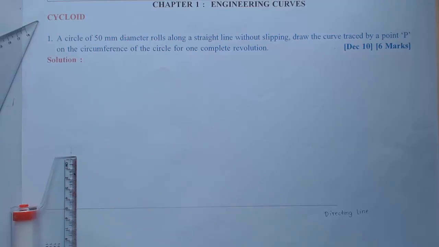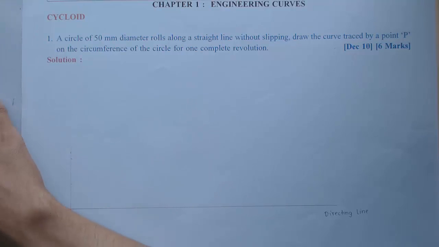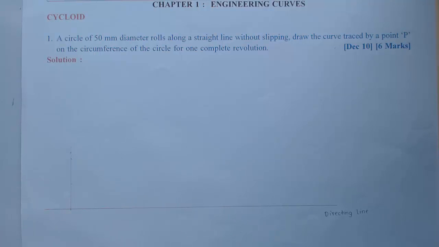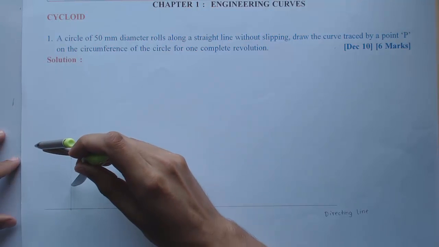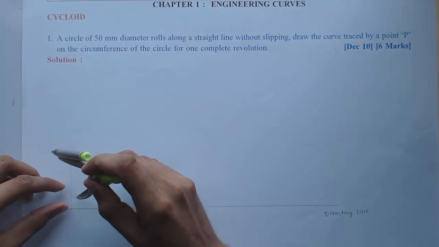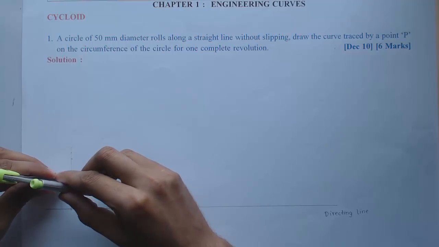Now since the circle is rolling on a straight line, the initial point of contact will be a single point with the line. So for that, we'll first draw the circle. This distance, which is 25 mm, will give me the radius of the circle because the diameter is given as 50.